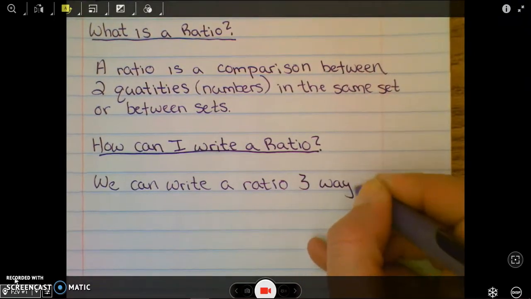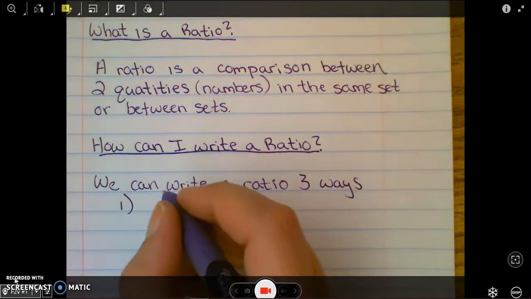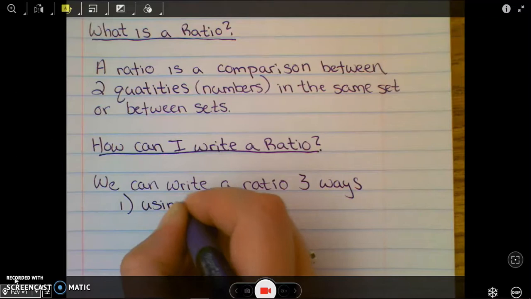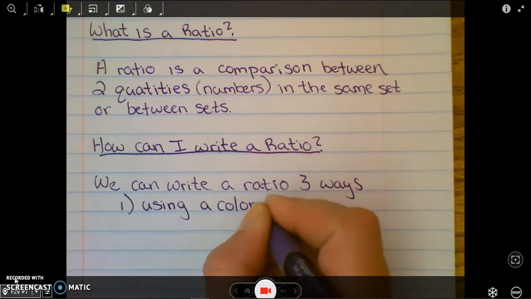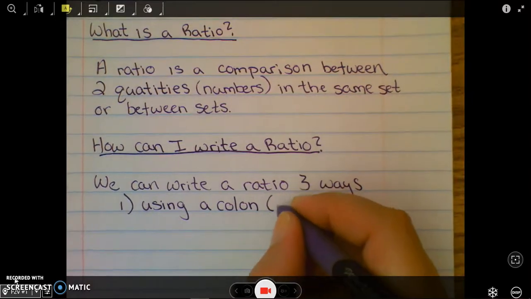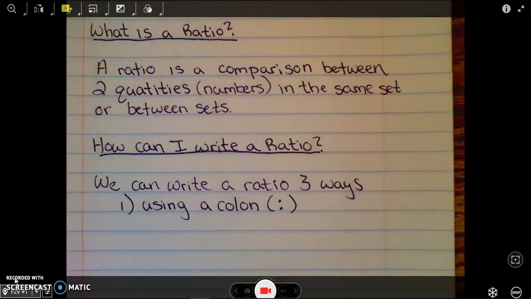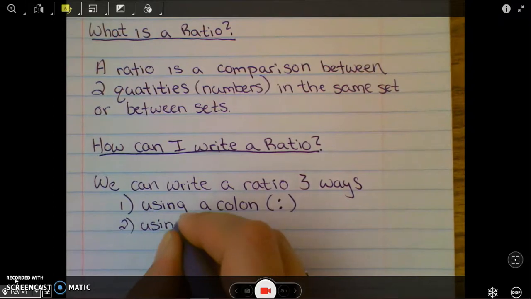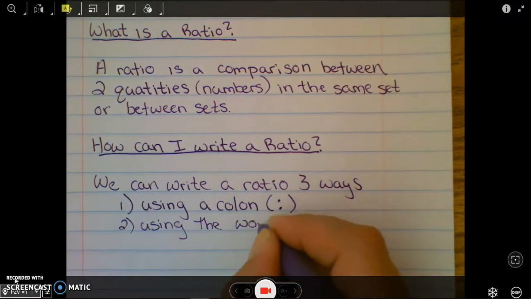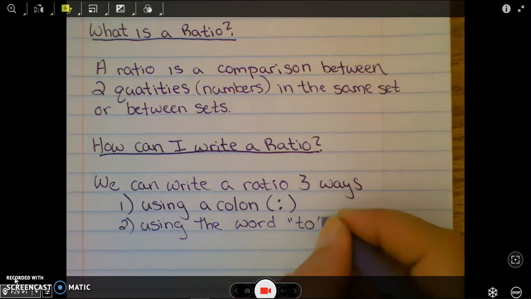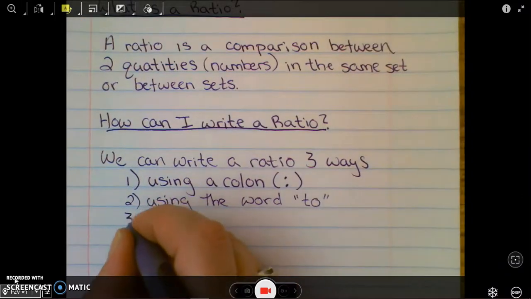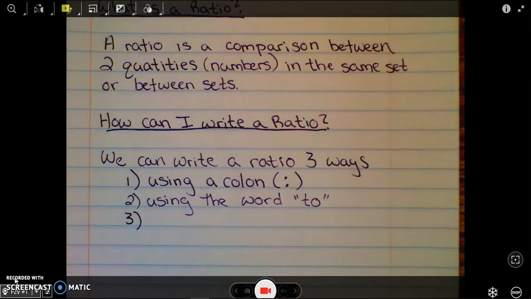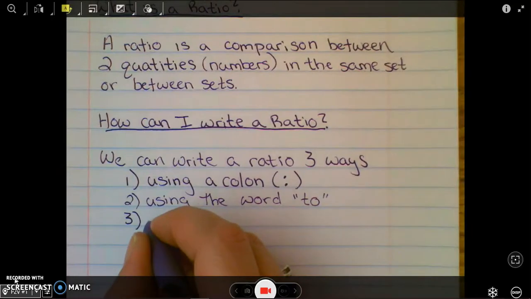The first way is using a colon, which is those two dots that you see, like if you're writing down the time, it's those two dots in between the hour and the minutes. So you can write it using a colon. You can write it using the word "to," and I will put that in quotes, or you can write it as a fraction.